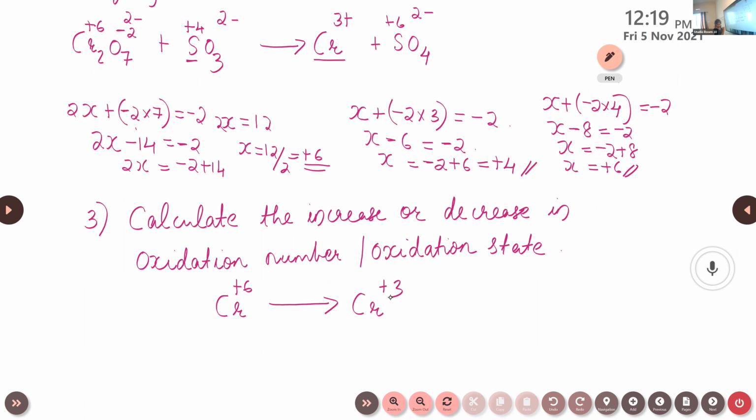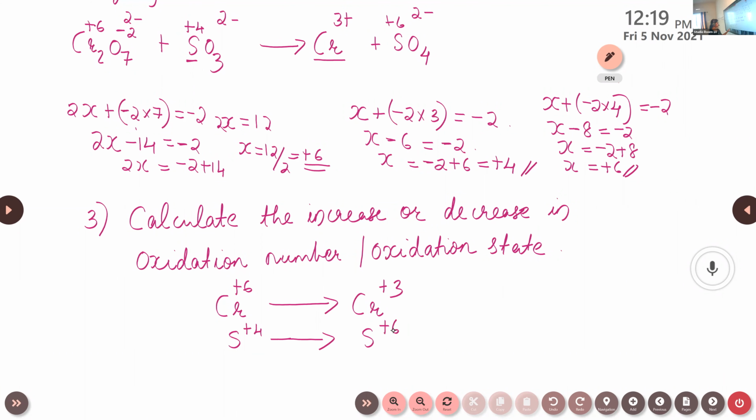So the next one is sulfur. In the reactant side, it is plus 4. Then what happens in product side? Plus 6. Okay. So here chromium plus 6 is converted to plus 3.